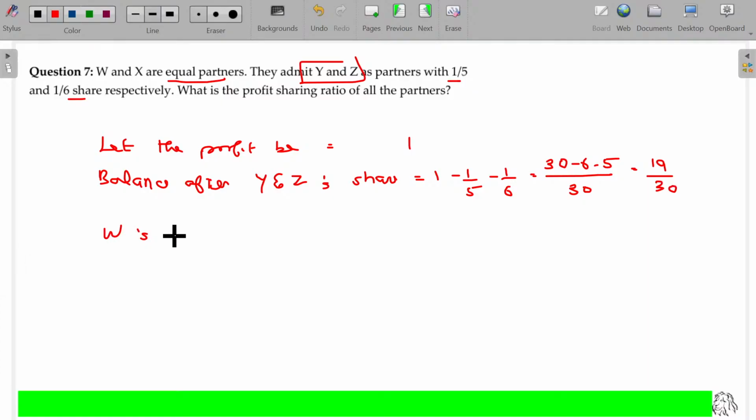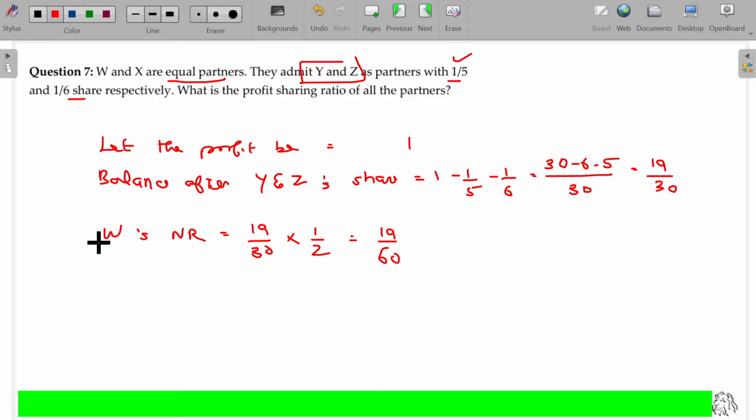W's new ratio: the leftover amount 19/30 and W's share being half. So 19/60.